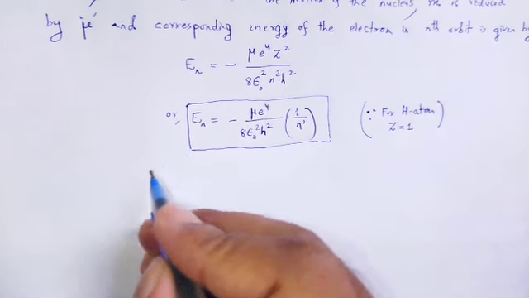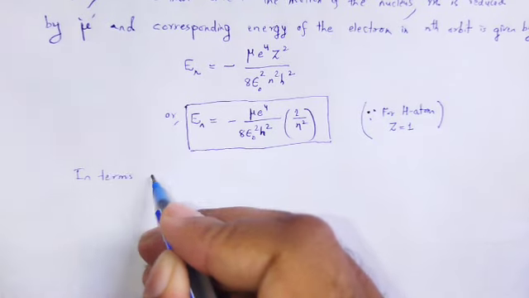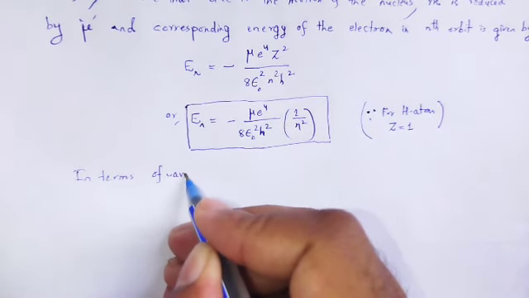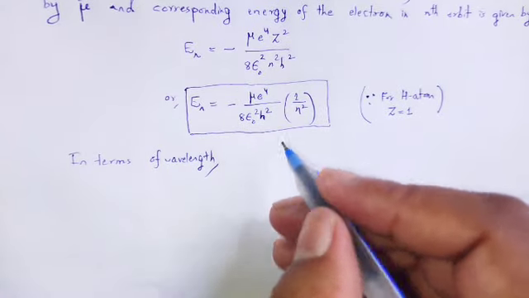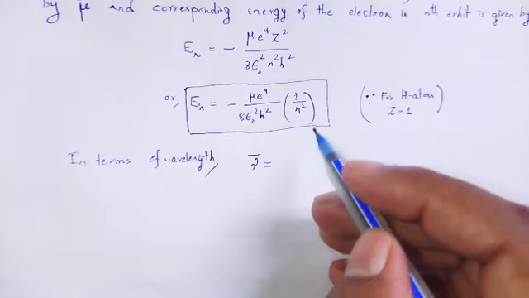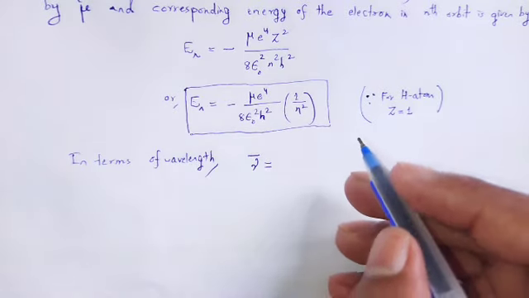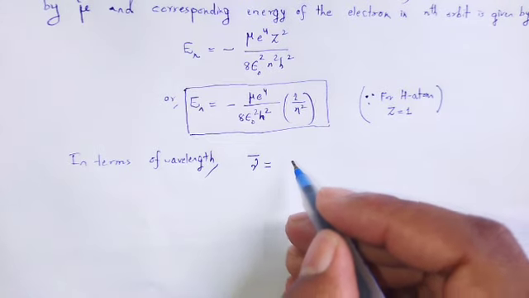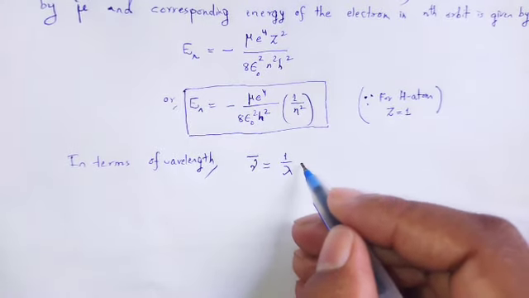In terms of wavelength, that expression is written as nu bar. Nu is equal to c by lambda. So nu bar is 1 by lambda.